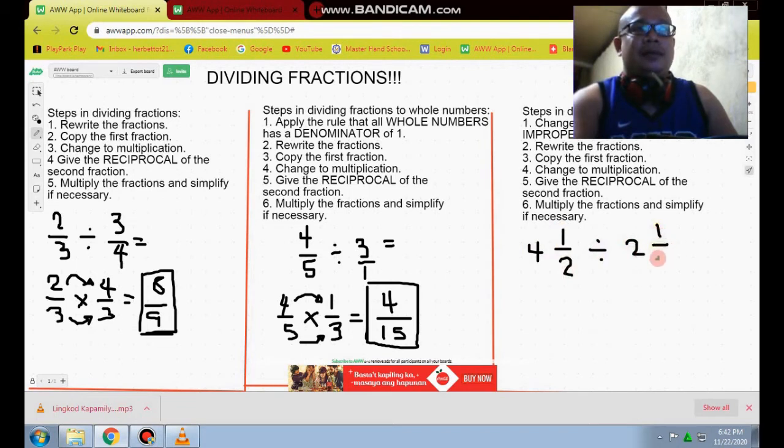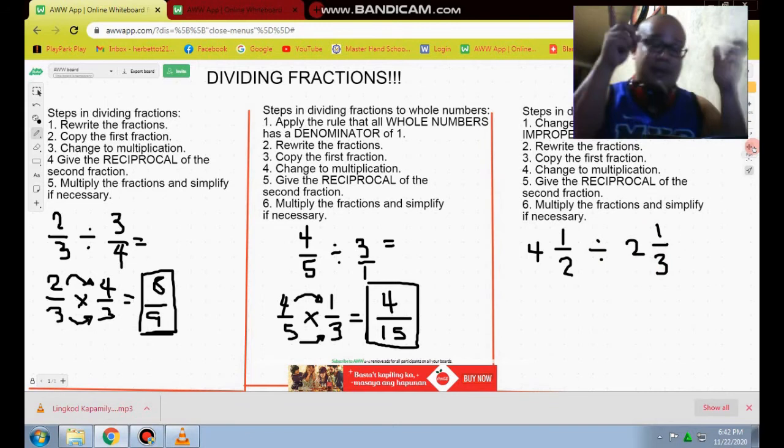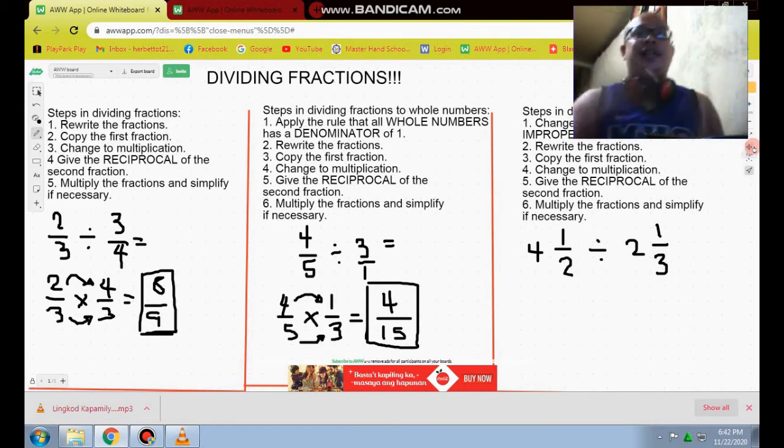Yeah, for example, no? So, dalawang mixed number. So, the first thing you will do that comes in your mind is to change that mixed numbers to improper fraction. Okay? So, yun muna gawin natin. So, how do we convert or change mixed numbers to improper fraction?